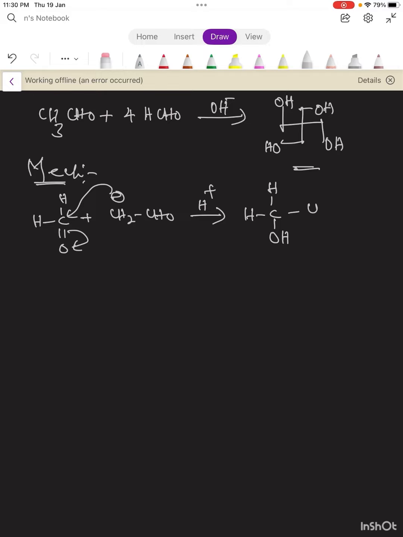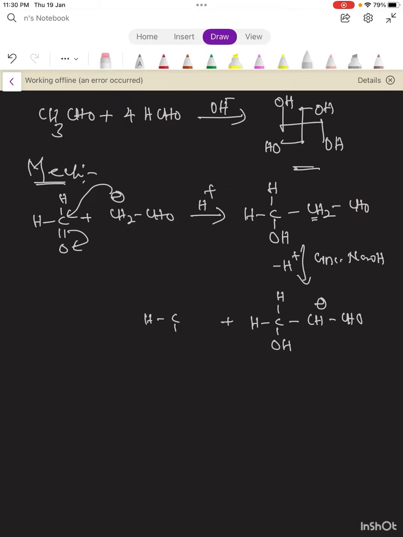Directly I am writing CH2OH CH2 CHO. Again, removal of H plus takes place in the presence of concentrated base, that is sodium hydroxide. From this carbon, hydrogen is removed, so that we get CH2OH, CH, CHO, with a negative charge here.